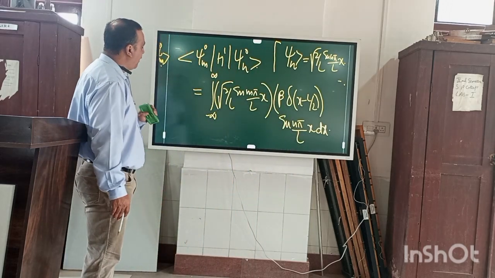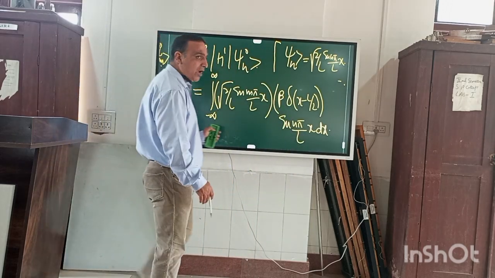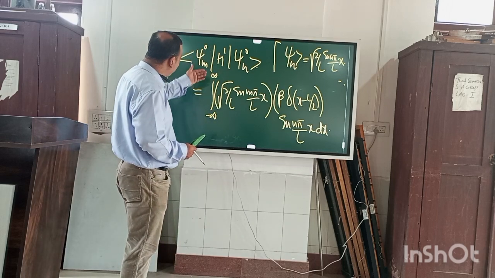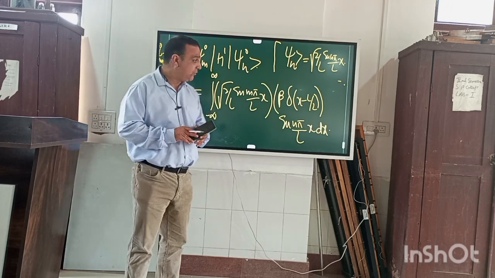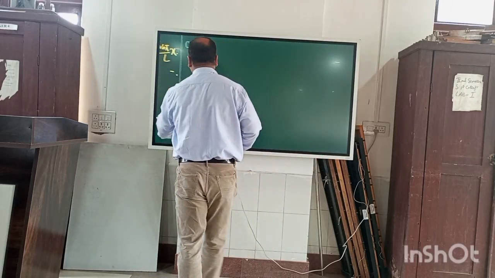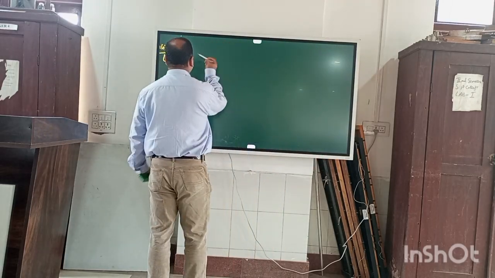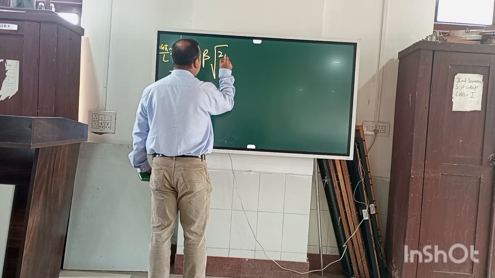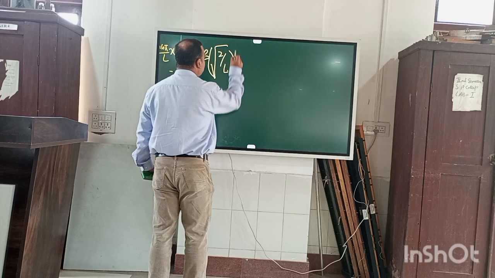Now we would like to take the constants outside of this integration, and we know that the limits of this integration go from 0 to L. So beta will be out, and square root of 2 by L whole squared will be out.